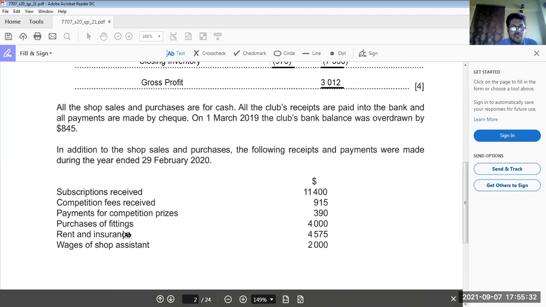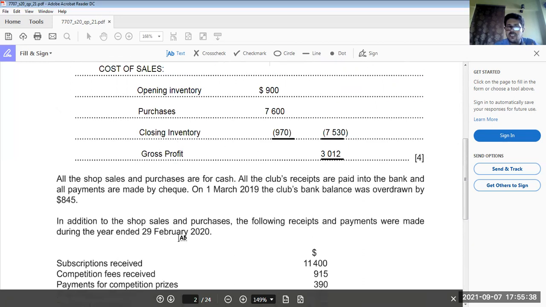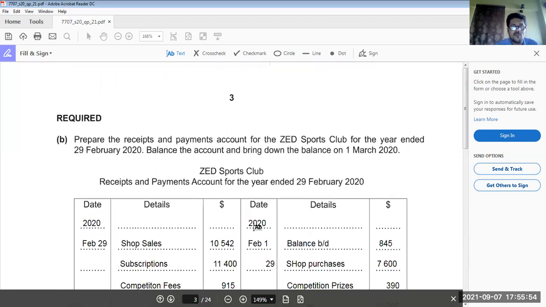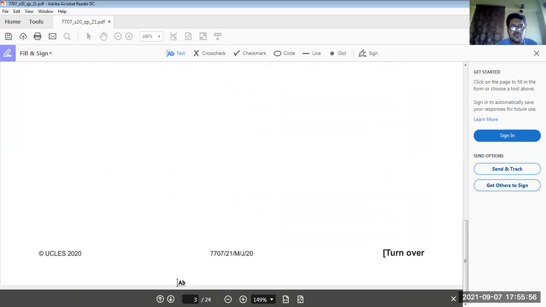Now payments for competition prizes, fittings, rent, insurance, wages were given. Two items which were not included in the receipts and payments totals were shop sales and shop purchases. Okay. So that amount is to be deposited into the bank, and the purchases payment should be deducted from the bank. It's not given in this total. Okay. We have to be very careful. That part we have finished.